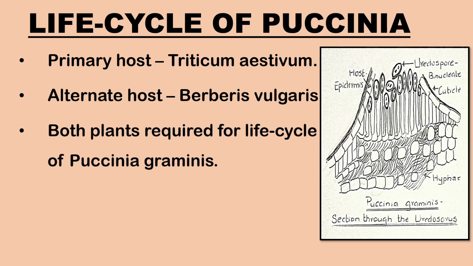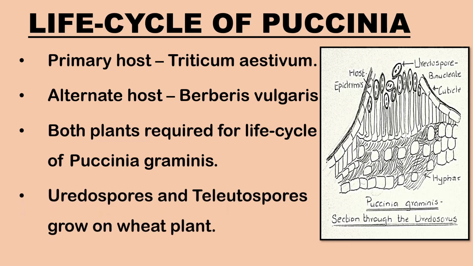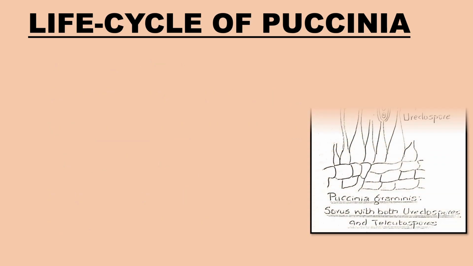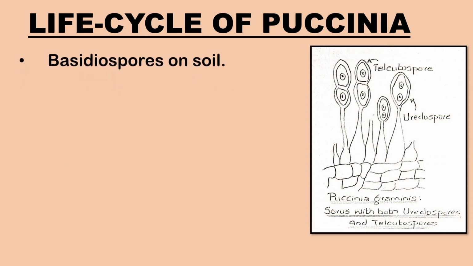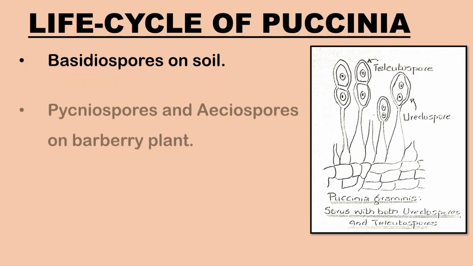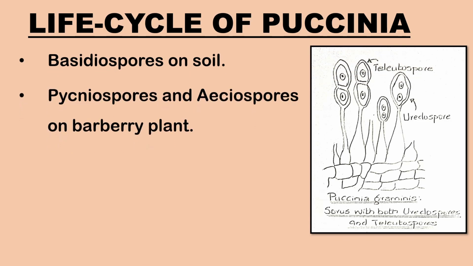The life cycle of Puccinia graminis can be completed only when both the hosts are present. The uredospores and teliospores grow on wheat plant. Basidiospores grow on soil. Pycnospores and aeciospores grow on barberry plant.